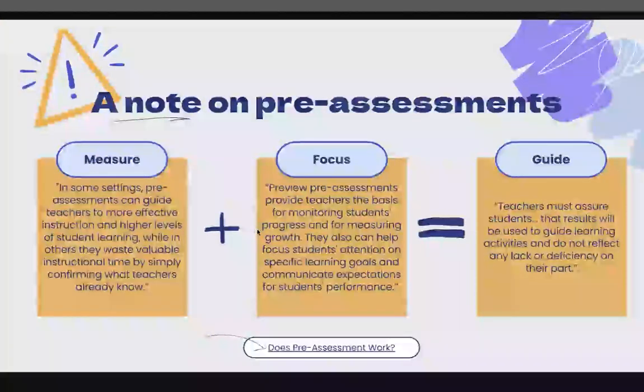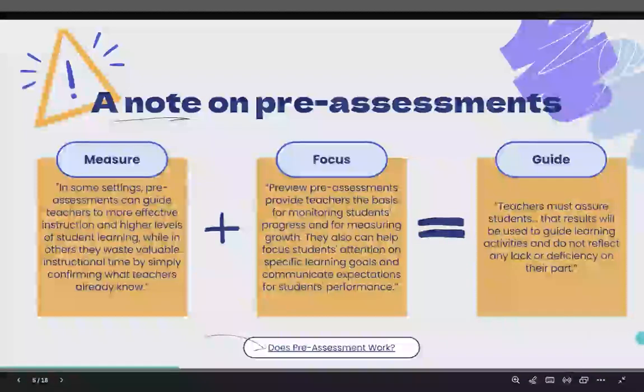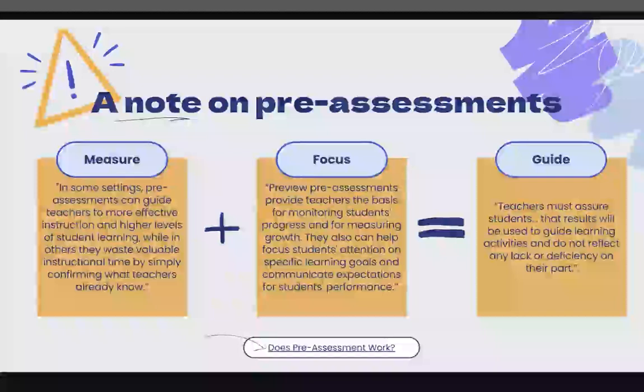So we've got some research here, and we'll make sure that the links for these slides get to you guys. But just a quick note and some research about some important considerations around pre-assessments. So when we are talking about a beginning of year assessment where student learning really hasn't taken place, right?